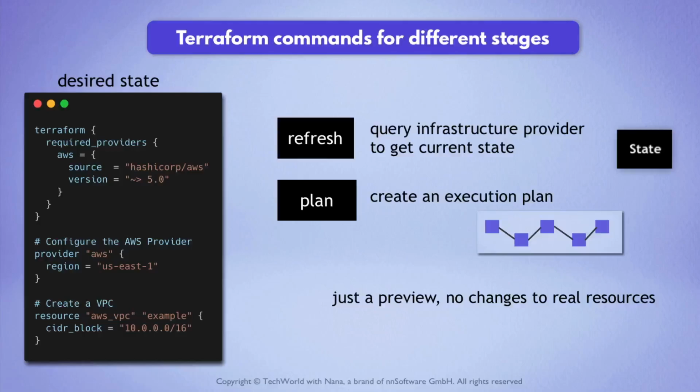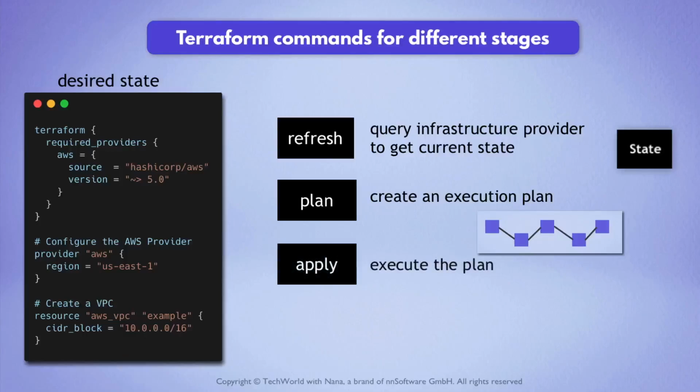The next command is the command where the actual execution happens. And that's the apply command. So with apply, you can execute the plan. So plan command is like a preview of what's gonna happen. If you execute apply, obviously Terraform in the background will do the refresh, get the up-to-date state, then create the plan and then apply it.